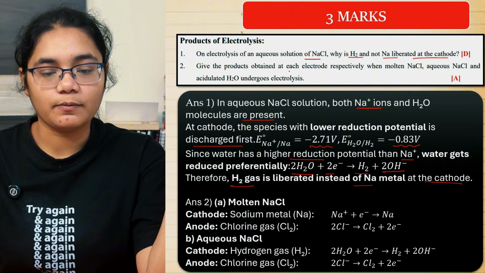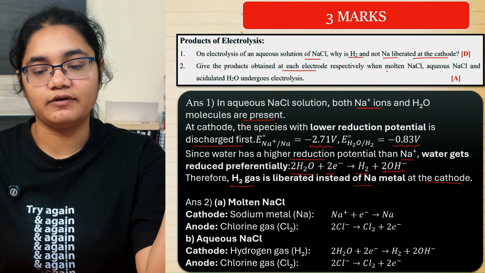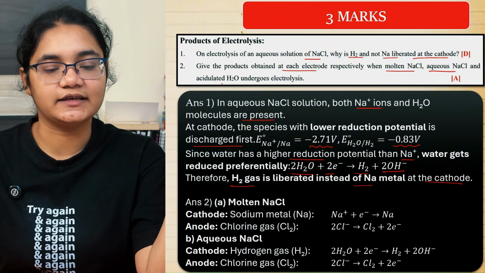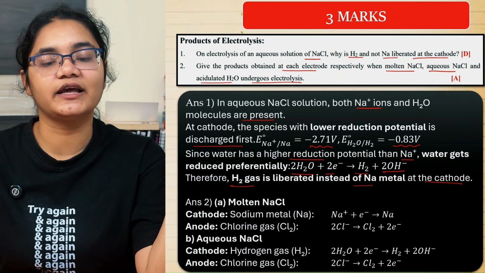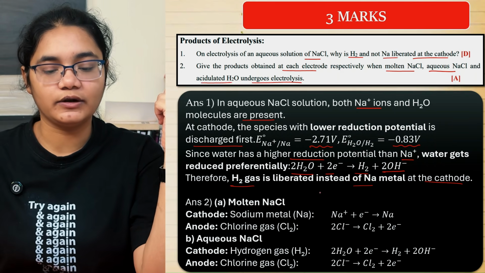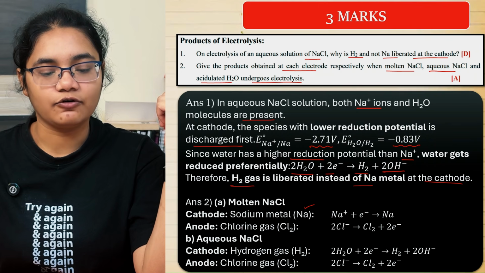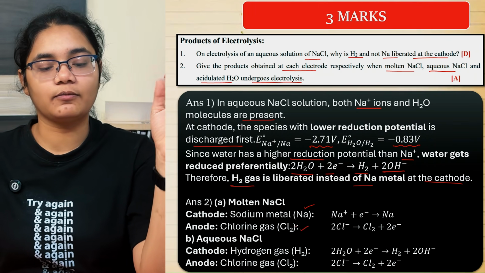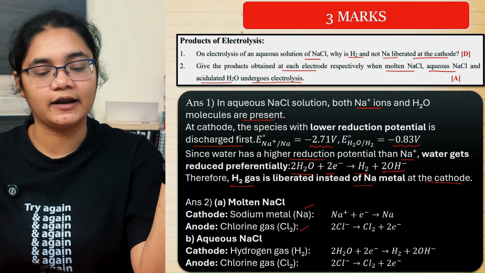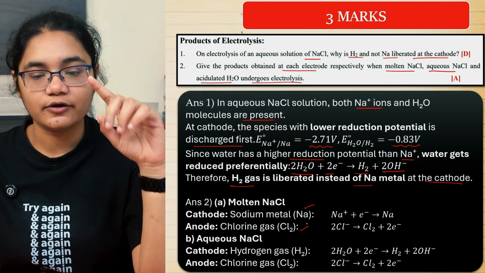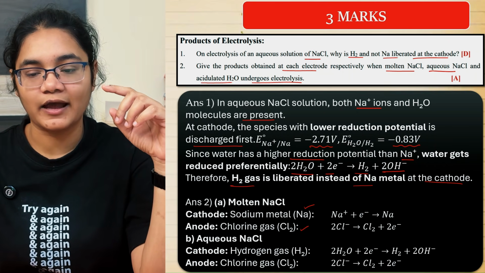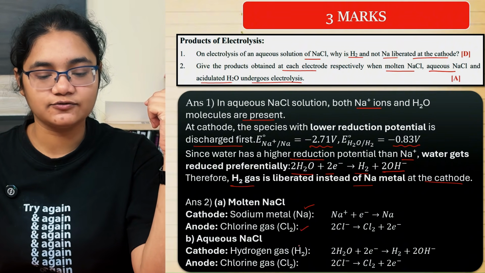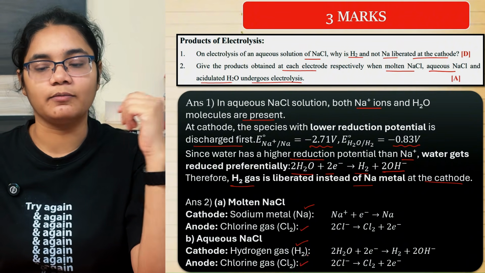Next, give the products obtained at each electrode respectively when molten NaCl, aqueous NaCl and acidulated water undergo electrolysis. For molten NaCl, sodium is formed at the cathode and chlorine is formed at the anode. For aqueous NaCl, H2 gas is formed at the cathode and Cl2 gas is formed at the anode.